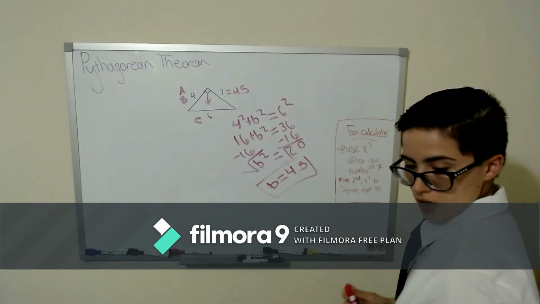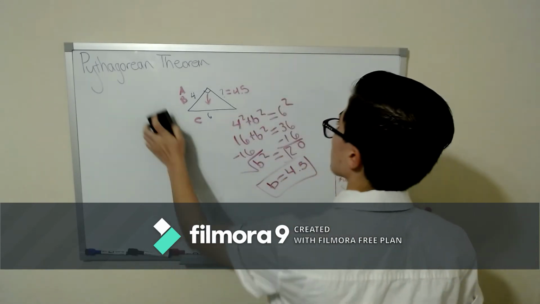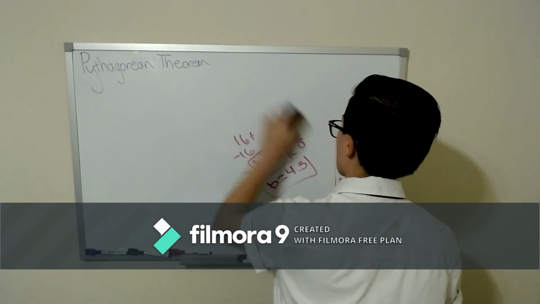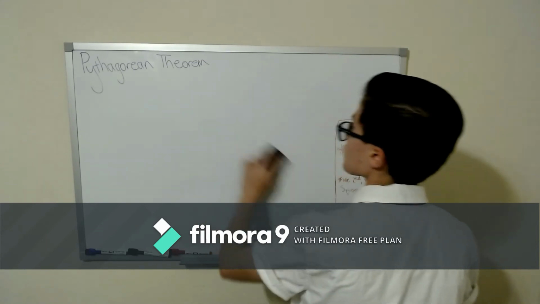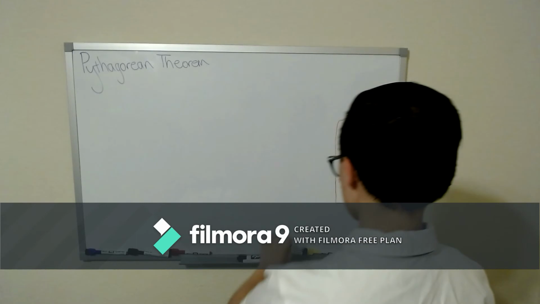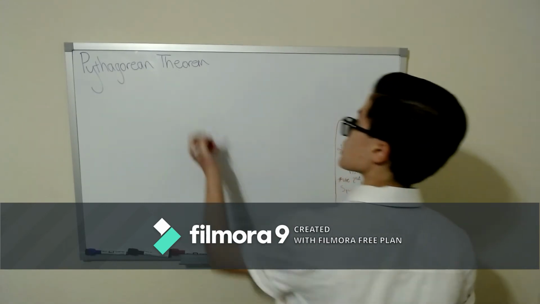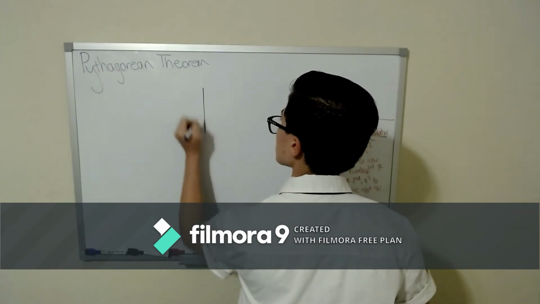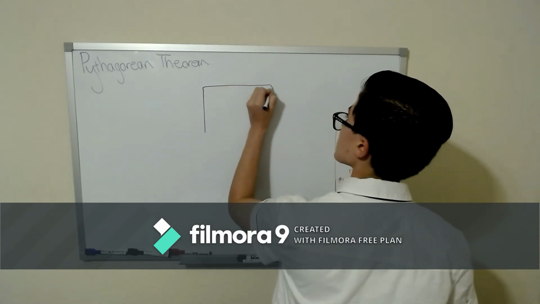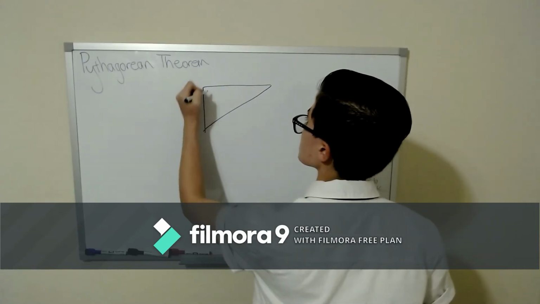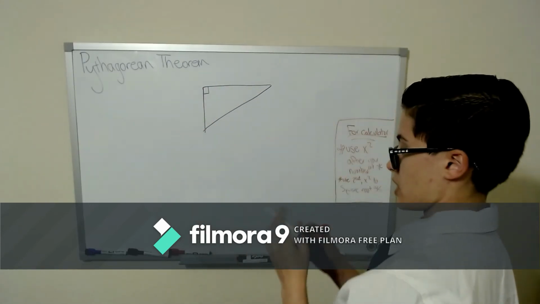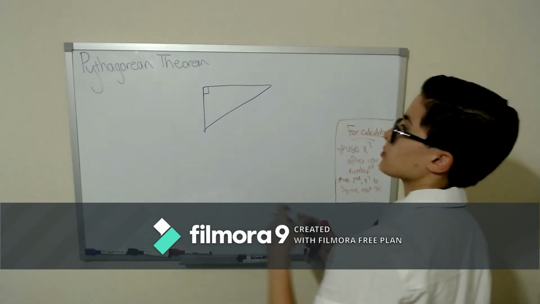Now, let's do one more. This one will not be on your worksheet. This one is just to make sure you have the hang of how to use Pythagorean theorem.